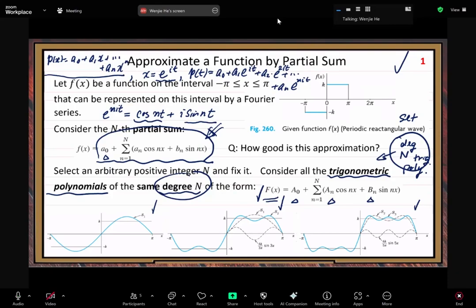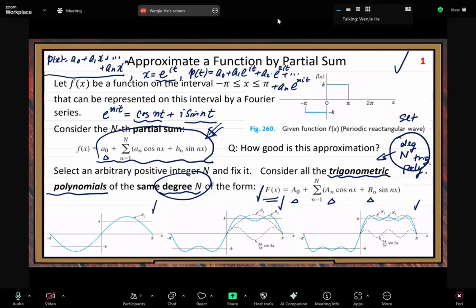In this set of functions, there are a large number of functions. The reason we study this set of functions is that we want to pick which function in this set has the best approximation to our original f function.